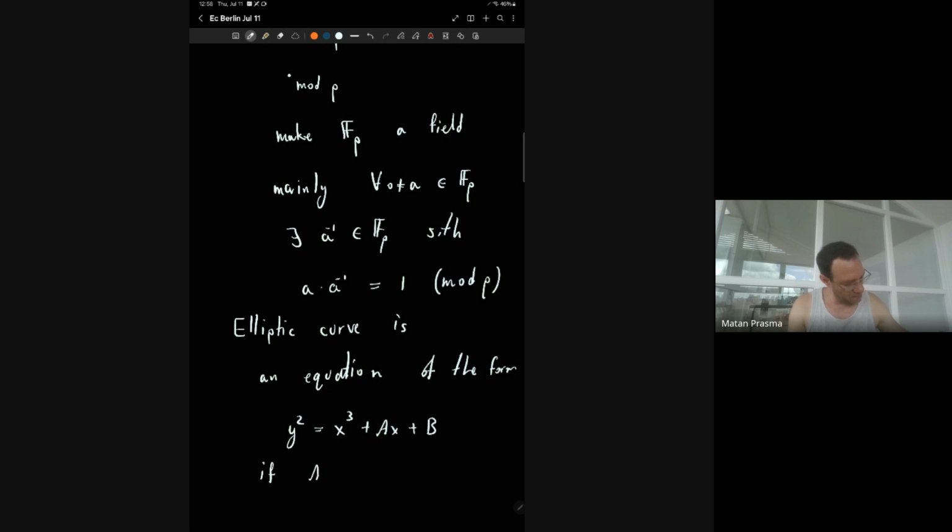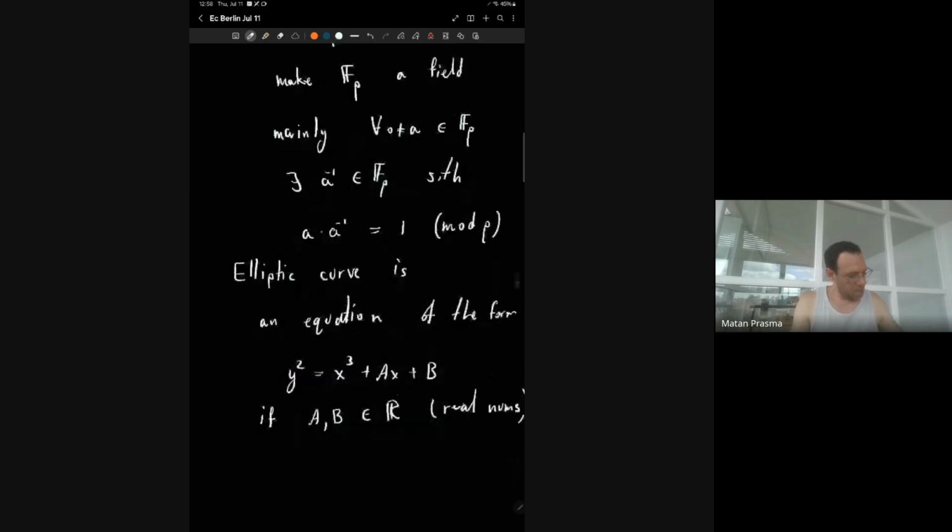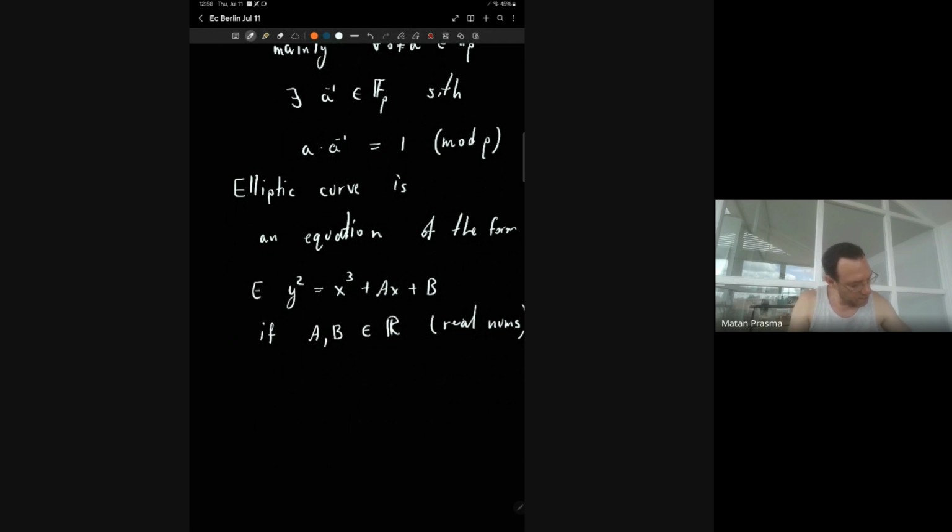If a and b are real numbers, then I can look at the solution set of this equation. The solution set is a collection of pairs x comma y that satisfy this equation. So the solution set of E is the set of all pairs x comma y in the two-dimensional plane R2, such that y squared equals x cubed plus ax plus b.